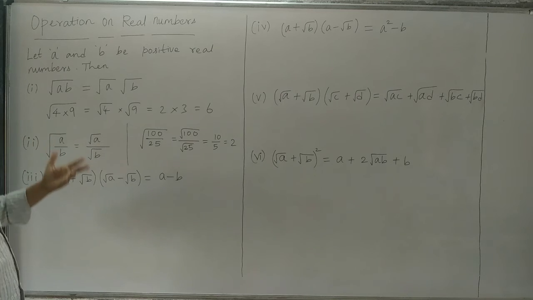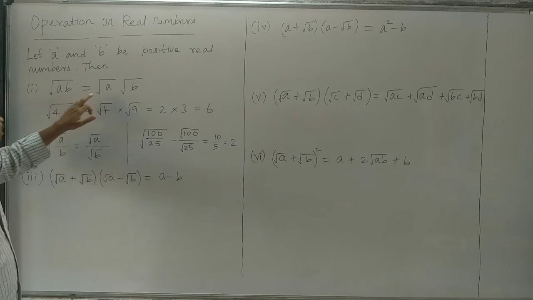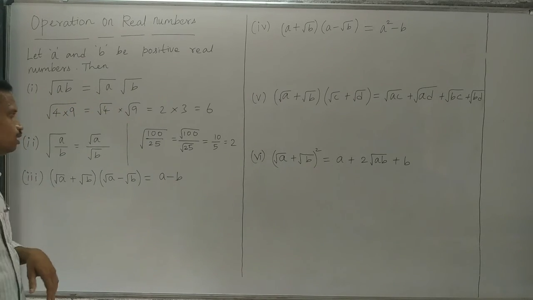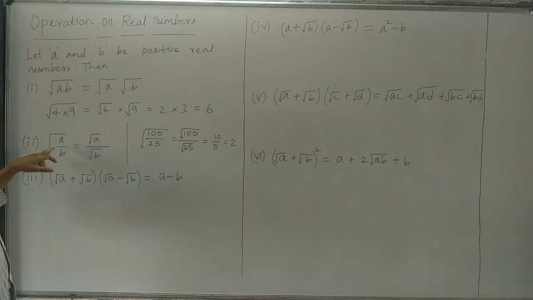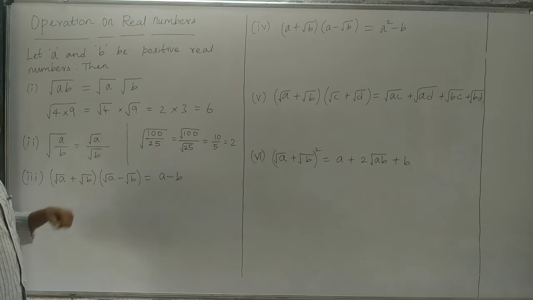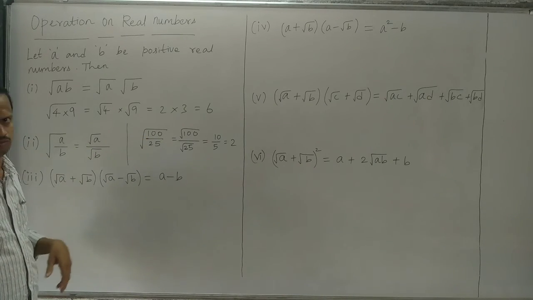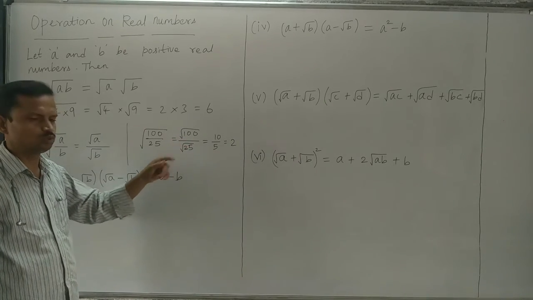You can give some examples like this to understand how the formula is coming as root AB is equal to root A into root B. In such a way you can give more examples. Square root of A by B is equal to root A by root B. And you can give an example for A 100 and B 25. Root of 100 by 25 is equal to root 100 by root 25.